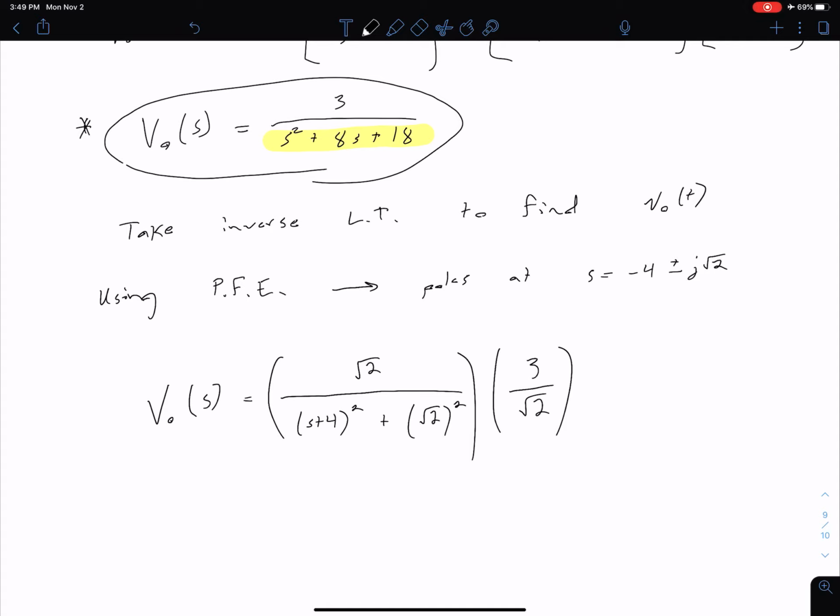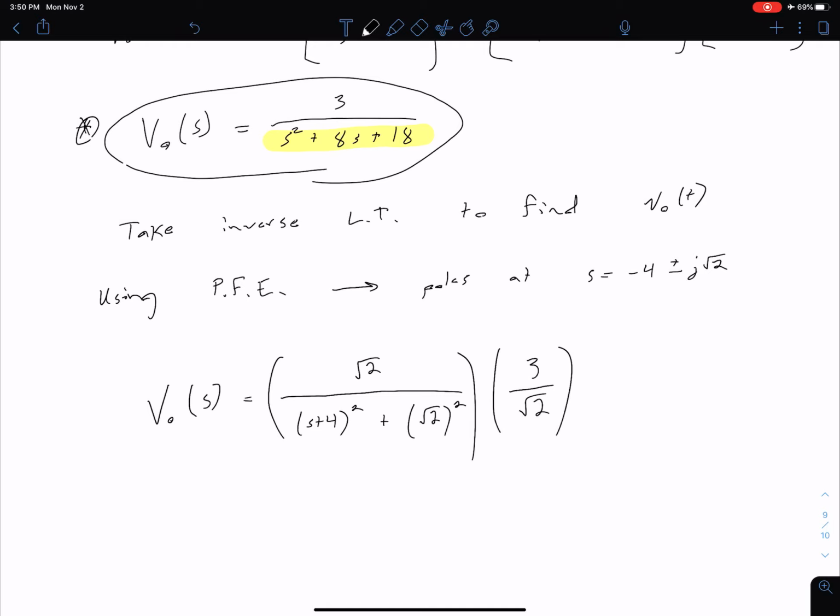If you factored this out and went through that, you'd see that this is the same as this expression up here. So you might be asking yourself, why on earth would I change it to this form? This looks a lot more complicated, and why are we even doing this?